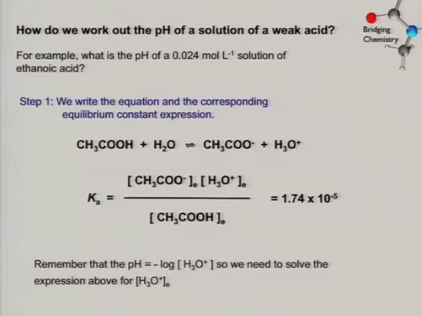What we want to do is we want to work out what that number is, because it's that which we need to then work out the pH, which is what the question's asking us to do. Right? So somehow we need to work out what this is, and what this is, and what this is. We know that the ratio of these concentrations equals that. We need to work out what this number is.